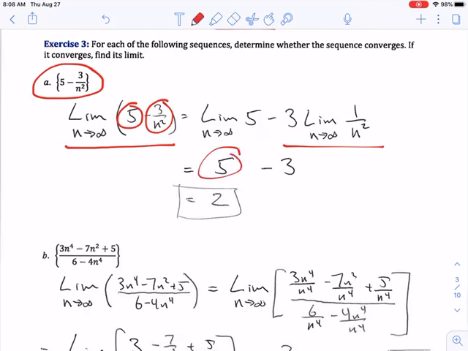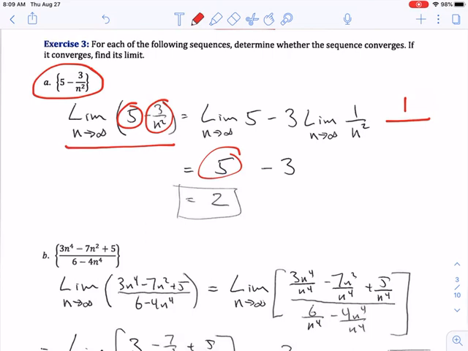So that's 5. And this is where I made the mistake. The limit of 1 over n squared is 0. Here's the thinking that you have to go through to get that. As n is getting infinitely large, think about this. The numerator is staying the same. The numerator is 1, it does not change. But the denominator is getting larger and larger.